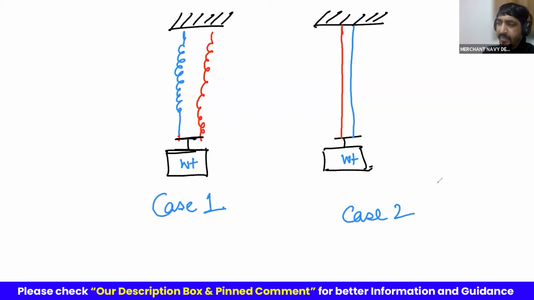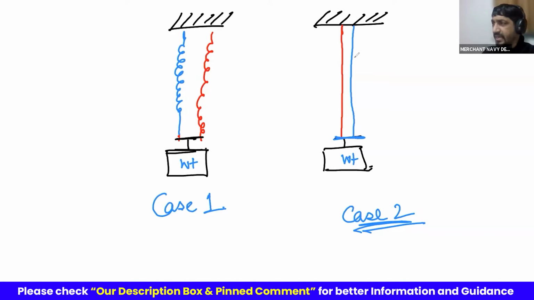Now let me tell you, in case 2, there's rigid wire, let's say stainless steel. Both are trying to hold the load. So in case number 2, is there a guarantee that they will share the load all the time? Because one wire may be slightly longer than another wire.